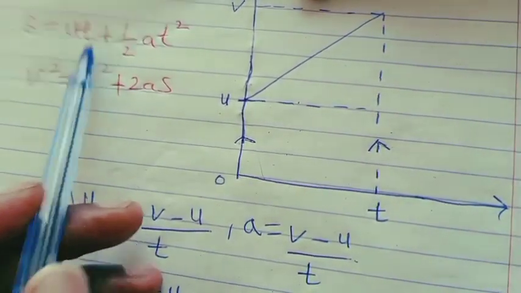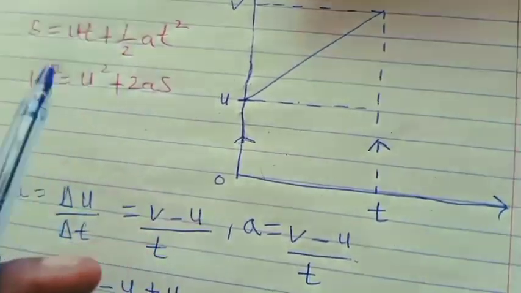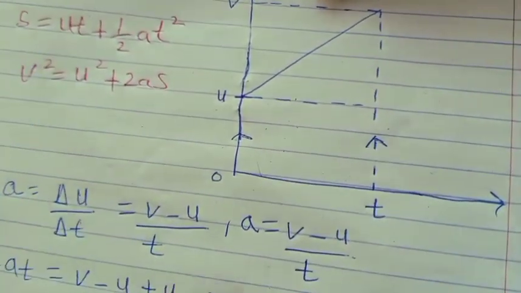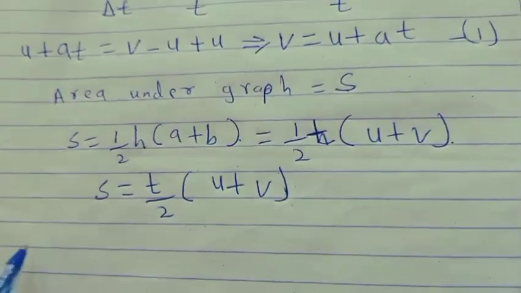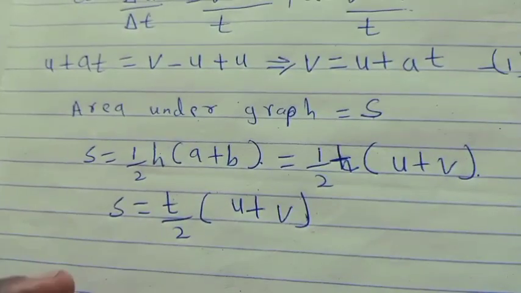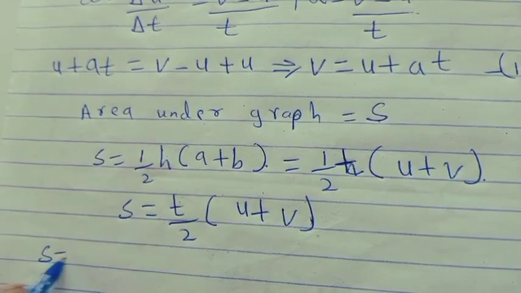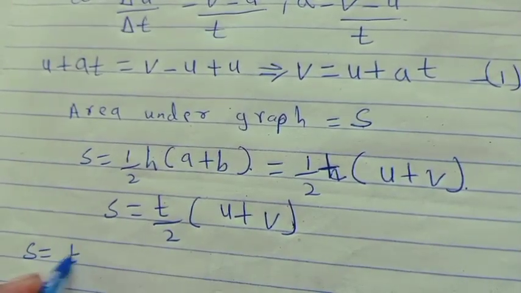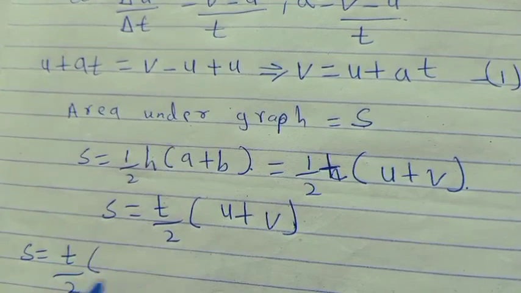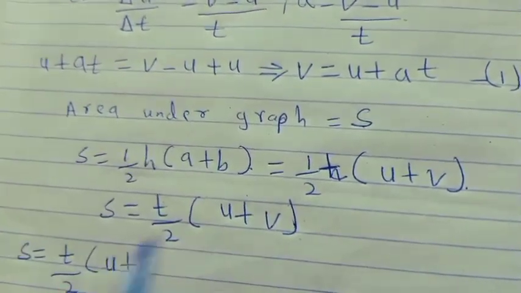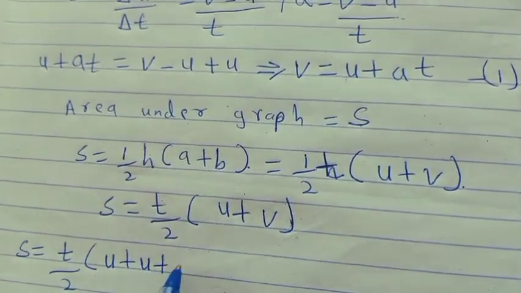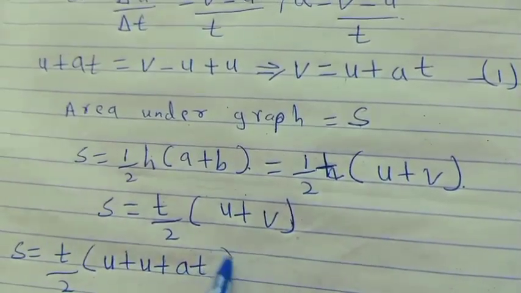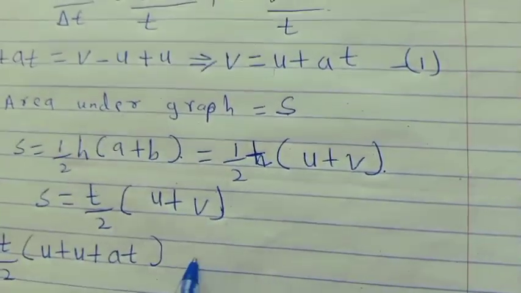s = ut + half at squared. So our equation here has no v. So what we are going to do now is substitute v in this equation. So our s will be equal to t over 2 into bracket u plus, instead of v, we write u + at.